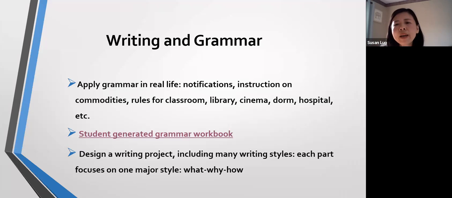So again, make it a continuous writing project, make it longer, and encourage your students to practice many kinds of writing styles, but with very clear logical connections.